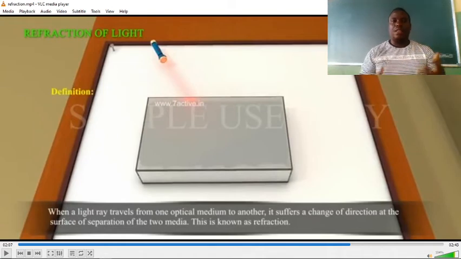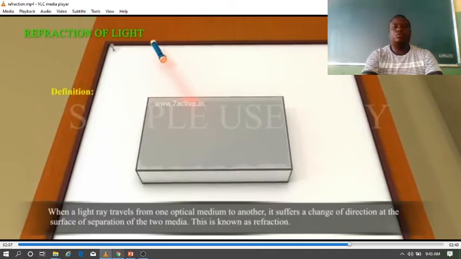So I think you have something in your brain now. I tried to remind you what you have done in Senior 3. This is what we call reflection.